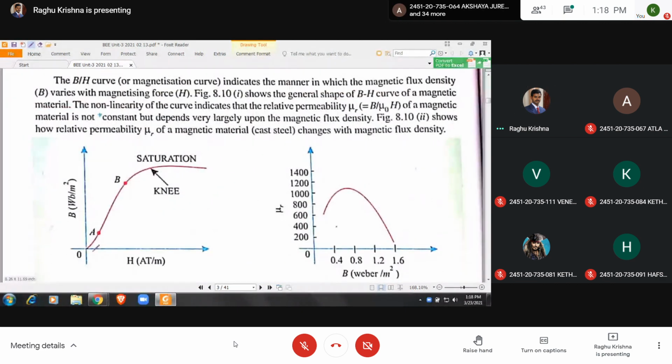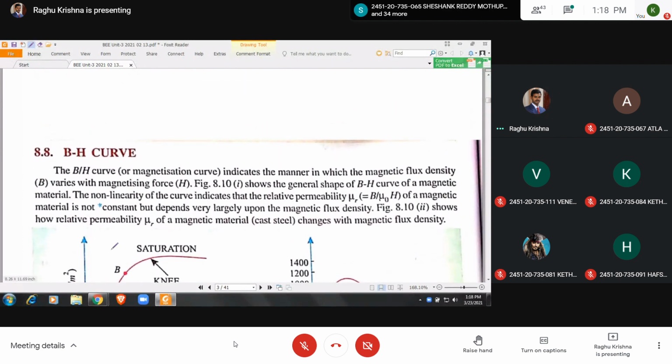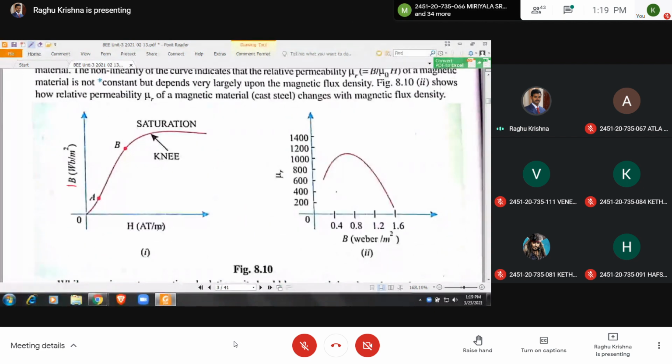Here the y-axis is B and the x-axis is H. In the BH curve you can see there is a linear portion from A to B. From B, permeability reduces, and after this knee point, you can see saturation occurs. So even if you increase H, B does not increase due to saturation of the core. And this BH curve is very important.